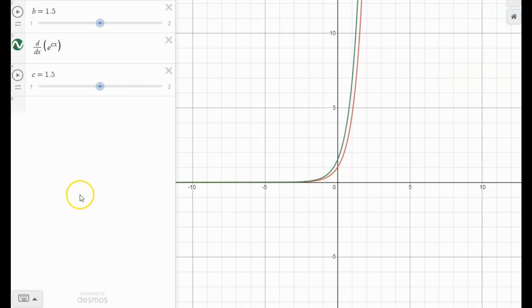Not quite identical, but notice that e to the x always goes through the point (0, 1), because anything to the power of 0 is 1. This one intercepts the y-axis at 1.5. That's interesting, since we made the exponent c 1.5. Well, what if we did 2?